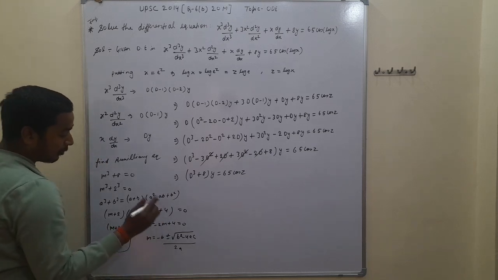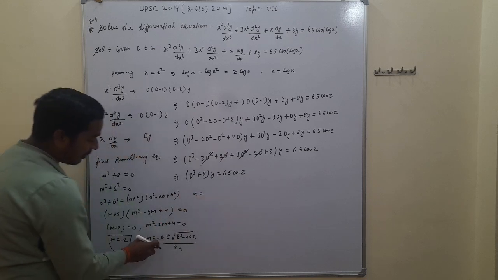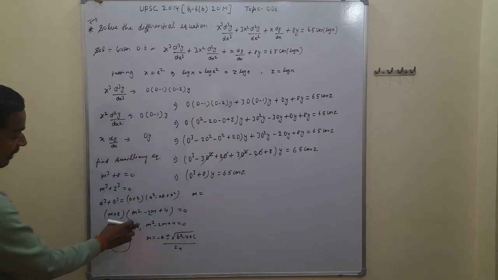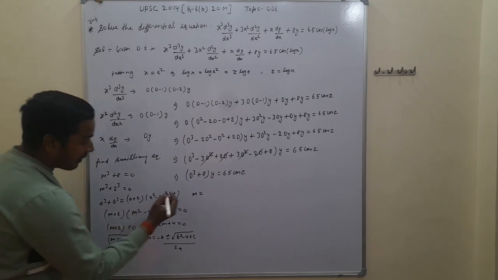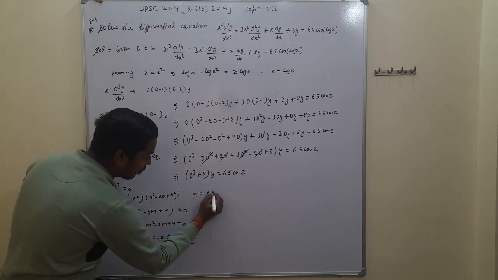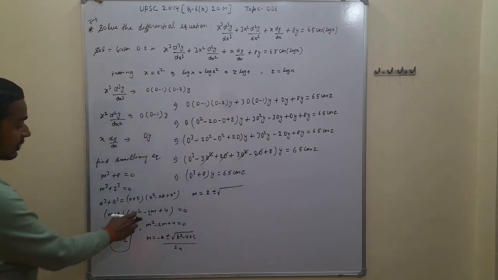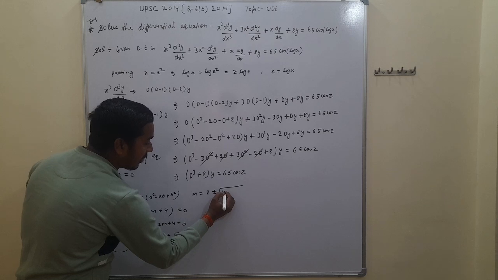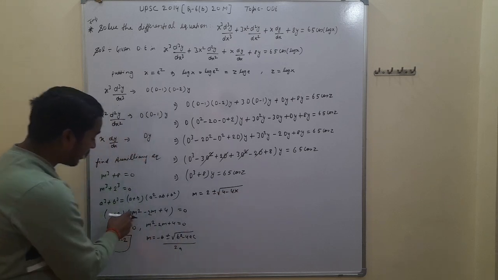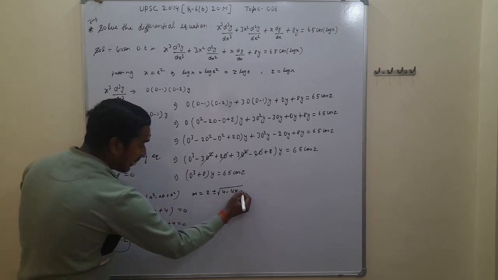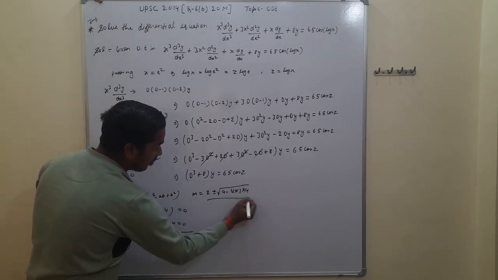We get the second root, and from here on applying, m is equal to minus b. b is here minus 2, and minus is already present, so we have to write plus 2 plus minus under root b square. Minus 2 square is 4, and minus 4ac, 4 into a, the coefficient of a is here 1, and c is given by 4, upon 2a.